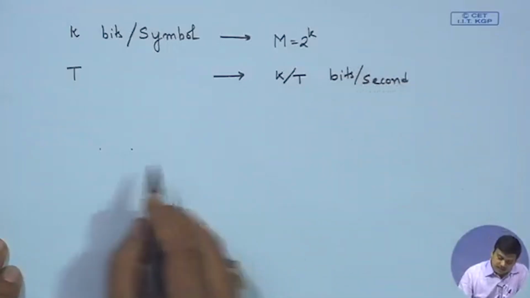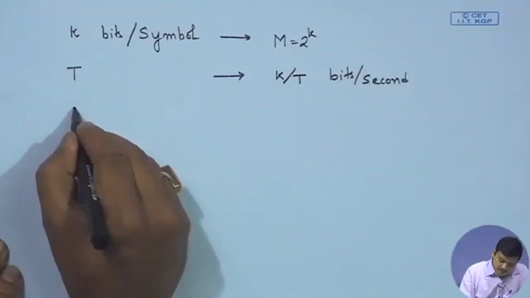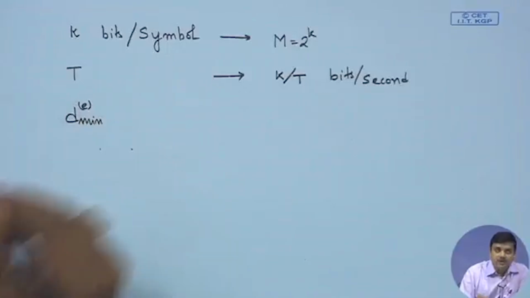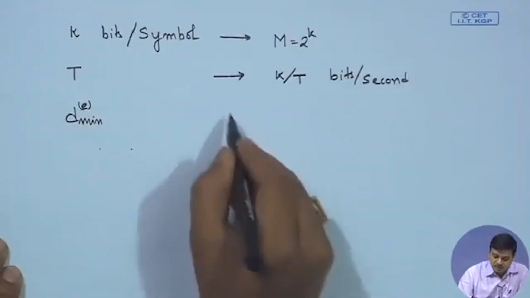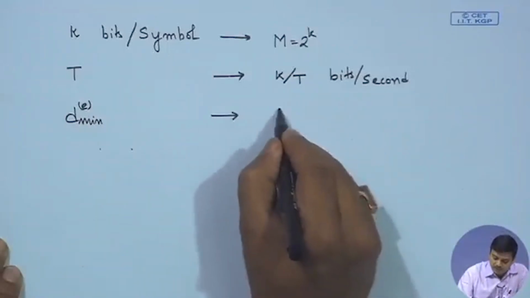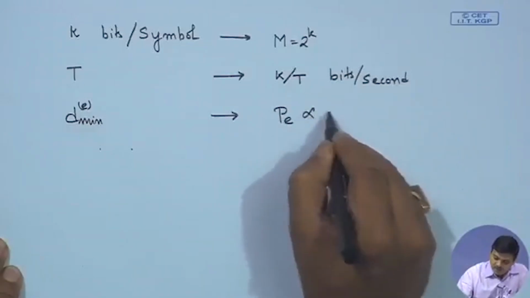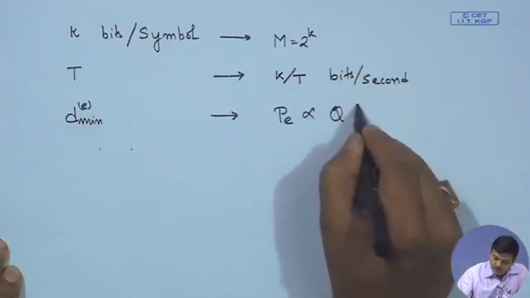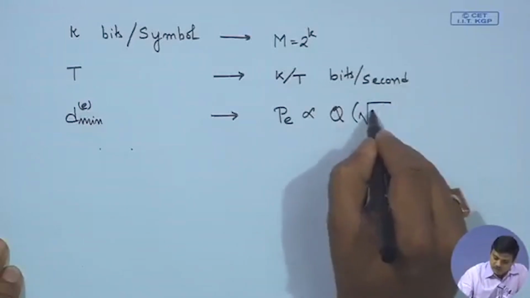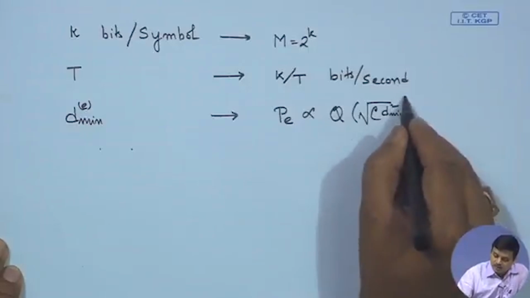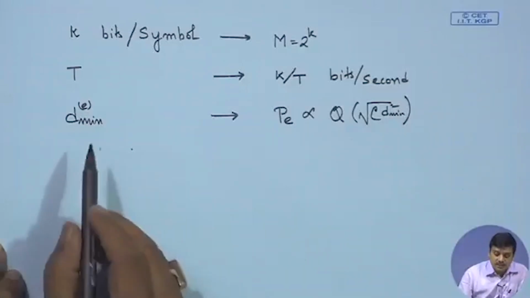On the other hand, we have also seen that if there is a minimum Euclidean distance between two constellation points, then the probability of error is proportional to the Q function of the square root of some constant, let us say c, times d min squared.